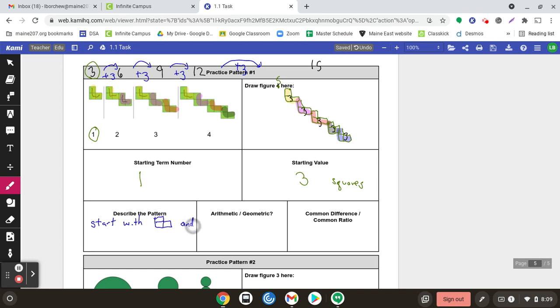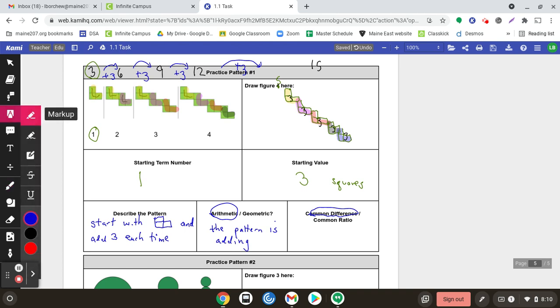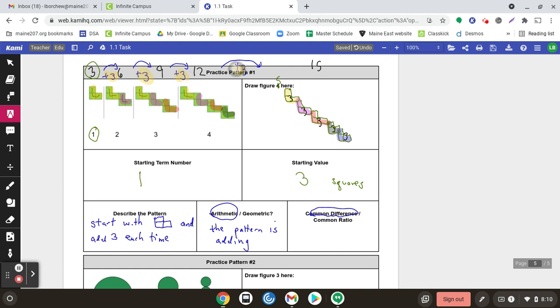And then what I'm going to do is add 3 each time. So this is an addition pattern. So that's arithmetic, not geometric, because the pattern is adding. And now I know an arithmetic sequence has a common difference, so I'll circle it, not a common ratio. And we said that that common difference was up here plus 3. So my common difference is plus 3. And I'm done with number 1.